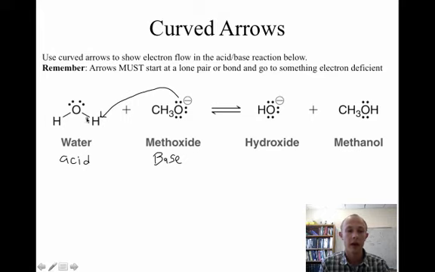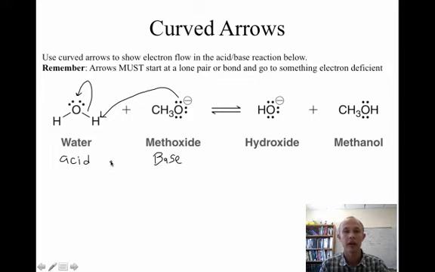But notice what happens to our acid. It loses a proton. It donates the proton to methoxide. We have 3 lone pairs of electrons on oxygen here. Here we only have 2. We lose a bond to hydrogen. Here we only have 1 bond to hydrogen. Here we have 2. So this bond becomes a lone pair of electrons on oxygen.